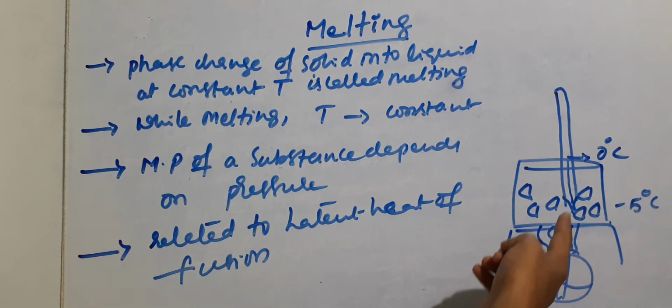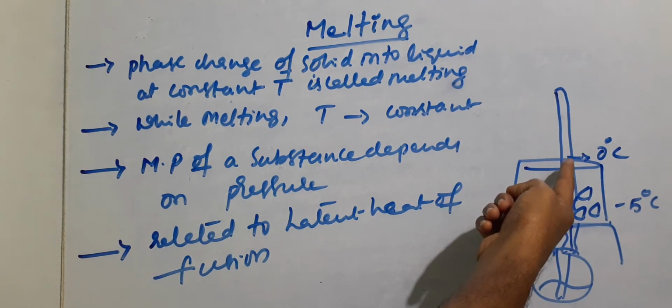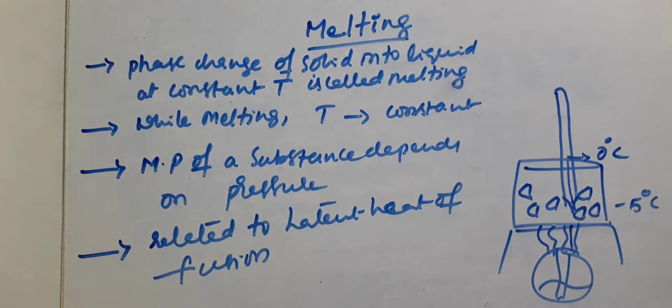Here, on heating, temperature rises initially from -5 to 0. After reaching 0, even though we are supplying heat energy, the temperature is not rising, standing at 0 degrees Celsius. This supplied heat energy is called latent heat of fusion. This is used for converting solid into liquid.